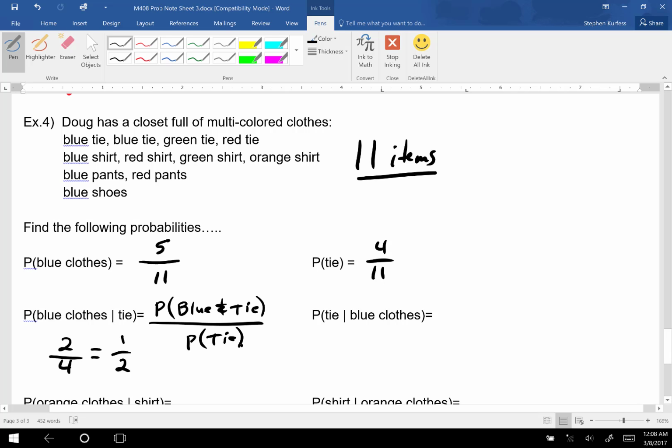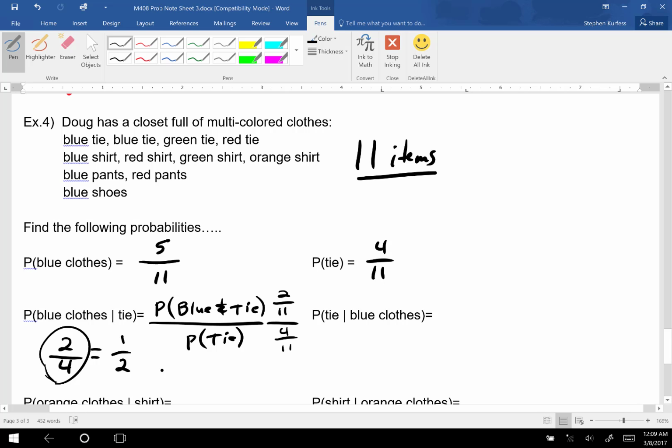Okay, so the probability of picking blue and a tie, well, again, there's 11 items, and there are only 2 blue ties. So it's 2 over 11. And what's the probability of picking a tie? Well, aren't there 4 ties? So it's 4 over 11. And what happens to the 11s? They cancel, and you get 2/4, which is 1/2.